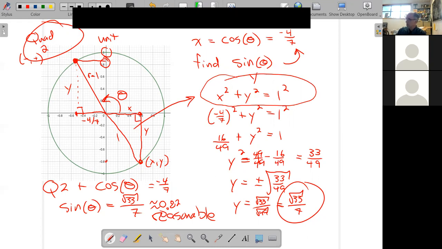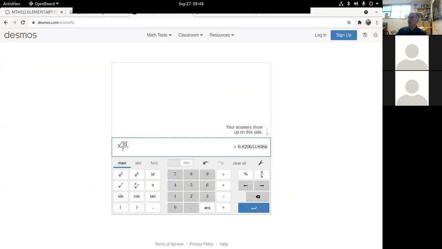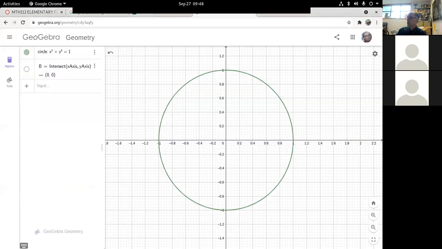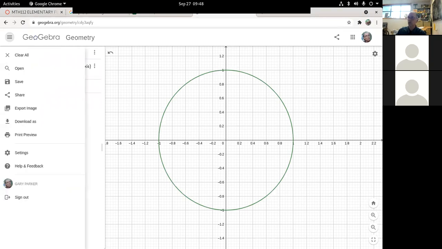So I can whip this out on a calculator. And I used Desmos and Geogebra last time. I think I'm going to switch to Geogebra this time. And I already drew here the circle x squared plus y squared equals 1. I'm just going to start over with a new graph. Open, save. Where do I get just a new one?